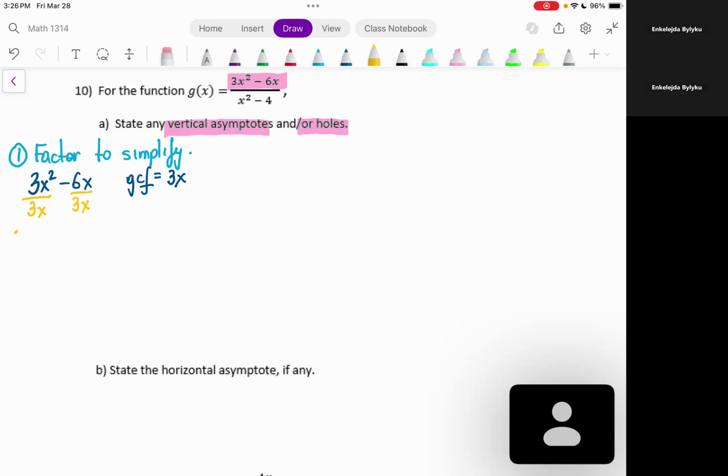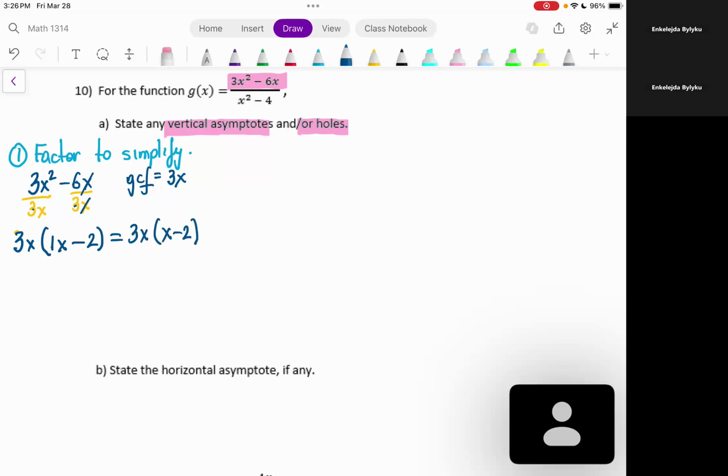So I will get 3x, parenthesis, 3 divided by 3 is 1, x squared over x is x. So 1x minus 6 over 3 is 2, and the x's do cancel each other. So the factored form of the numerator is 3x that multiplies x minus 2.